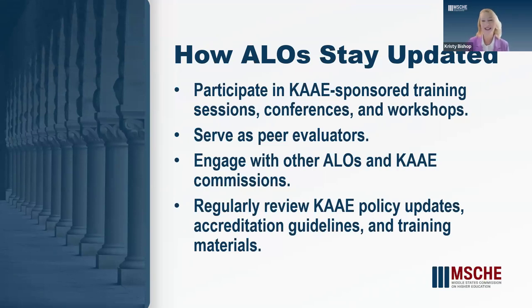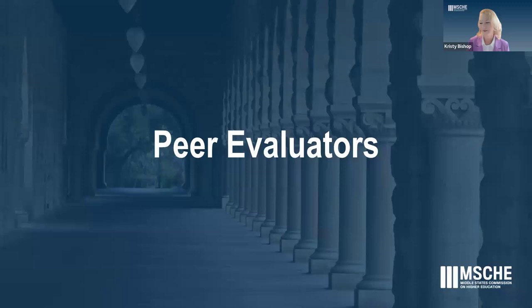So moving on, let's talk a little bit about being a peer evaluator. Being a peer evaluator really is critical to accreditation. It really is having that peer, that person who understands your institution, look at KAAE standards and requirements and apply them to your school through the lens of understanding what it means to be at a school like yours.